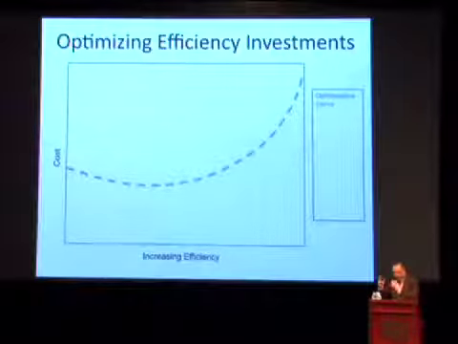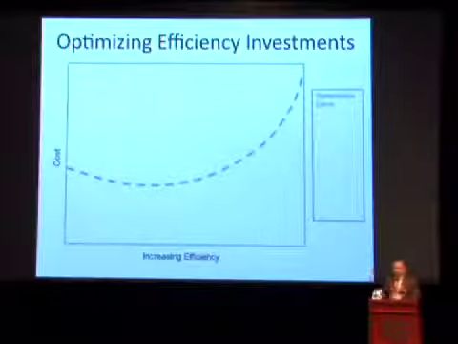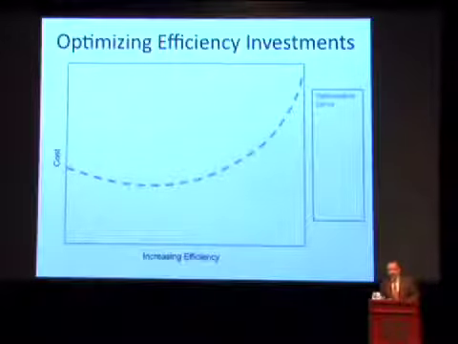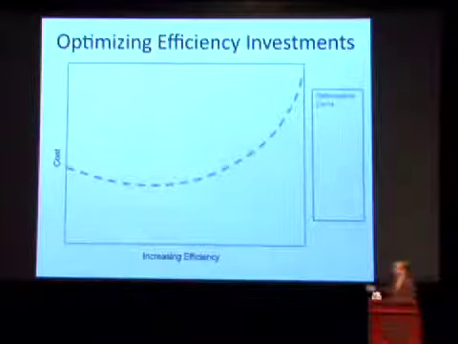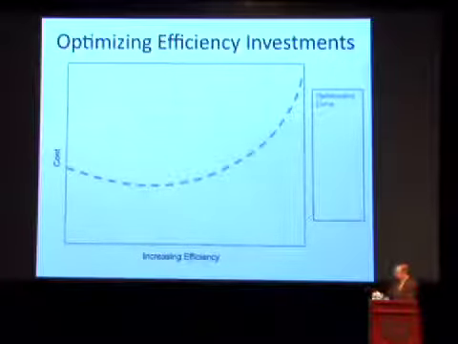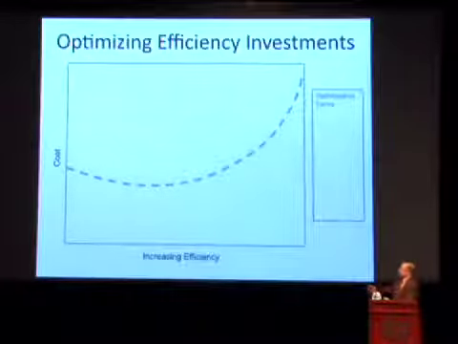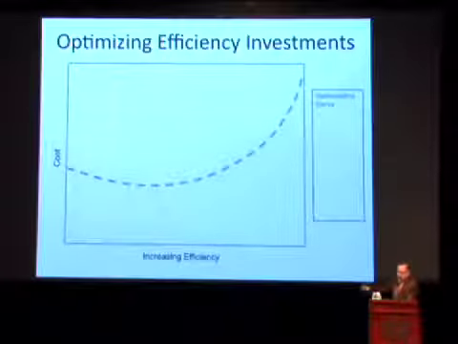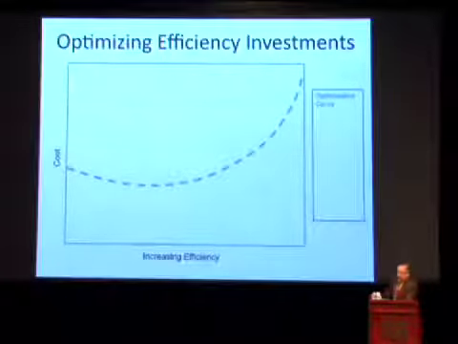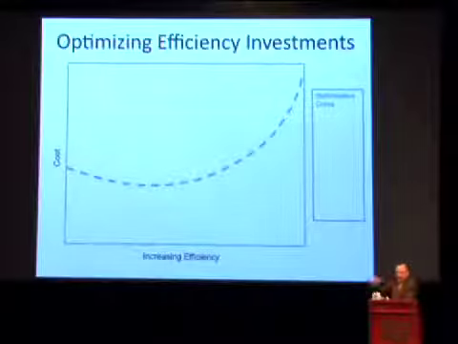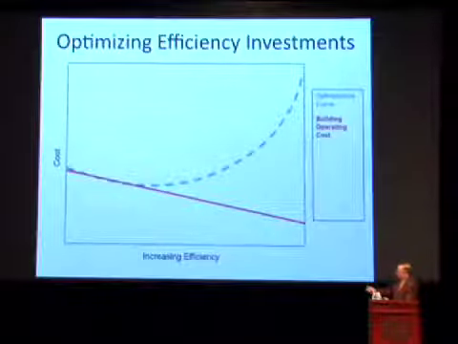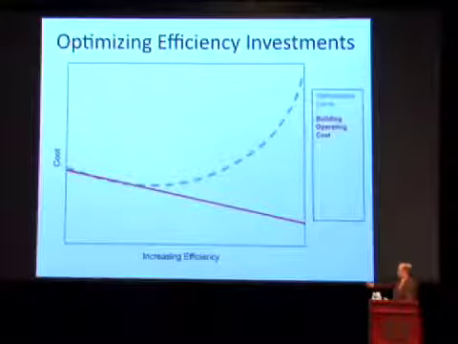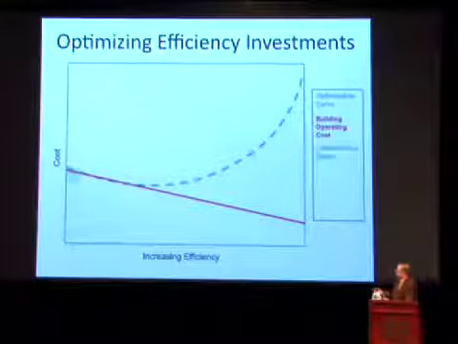We're going to do a more careful calculation of our loads. We're not going to make assumptions about the worst day in 1,000 years that the building's going to be fully occupied, and so on and so forth. So there's opportunities to reduce cost, and then as you continue down the path to efficiency, it gets more and more expensive to get more and more efficient because you're having to really reach farther and farther into technological solutions, et cetera. So, of course, the operating cost decreases as the building gets more efficient.